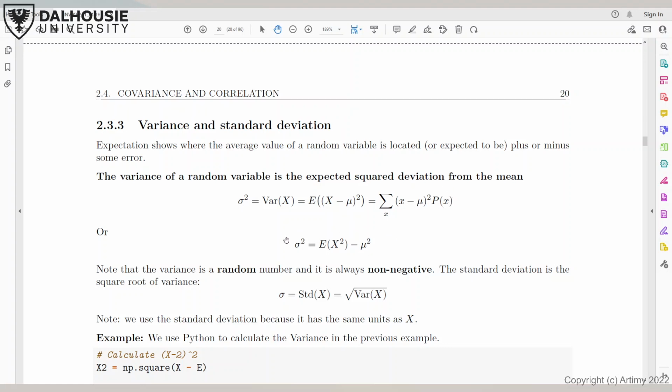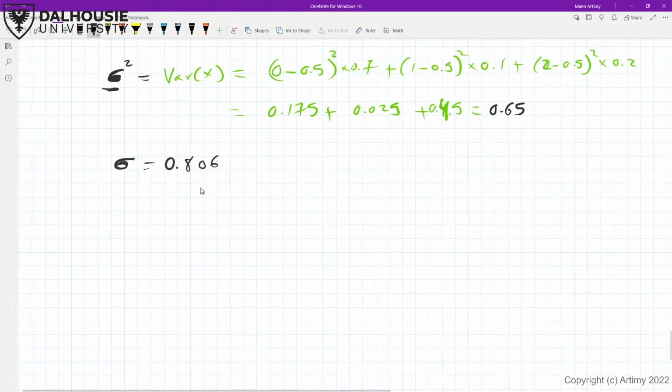It can be simplified by using this formula: the variance will be the expectation of X squared minus mu squared, which by itself, if you think about it, is this, right? So both of them can be written either way.